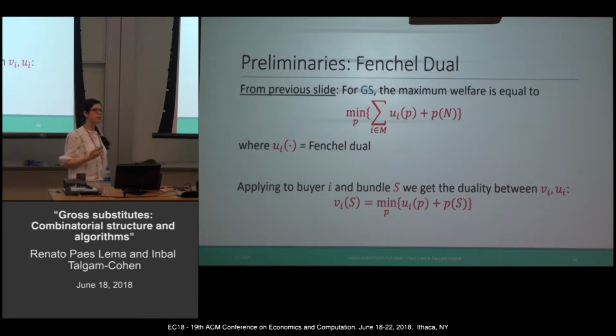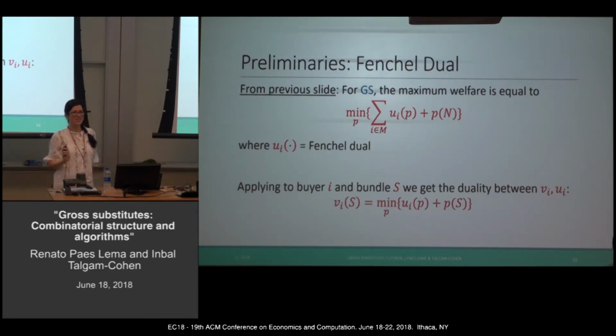So you can apply it to any coalition of buyers, you can apply it to a single buyer and any subset of the items. So if you apply it to buyer i and bundle S, then we get the duality. The value of the buyer for a bundle S is exactly the minimum over all price vectors of the differential dual plus the revenue. So this is the duality result and why it's called the differential dual.